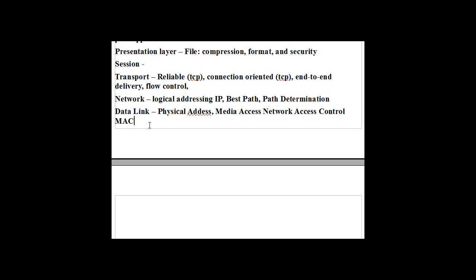This is the layer of frames. If you hear the word frame, you know you're talking about the data link layer. Now, if you're talking about the physical layer, the bottom layer, the words bits, media, and medium all identify the physical layer.